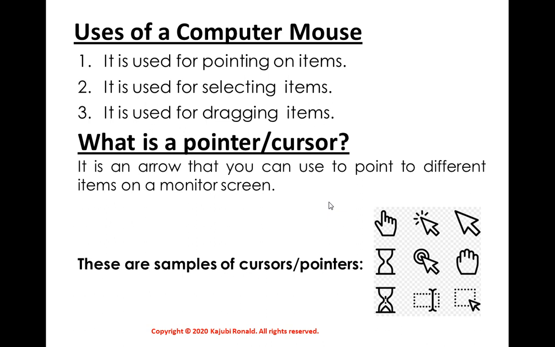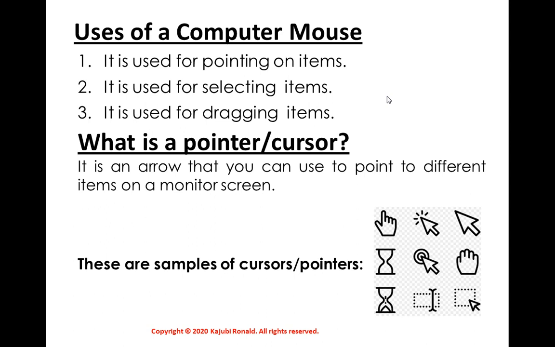As you move the mouse from one place to another, your pointer, this is what we call a pointer or a cursor, will be moving also, hence pointing on a desired item. So a computer mouse helps us to point on the items we feel like pointing.